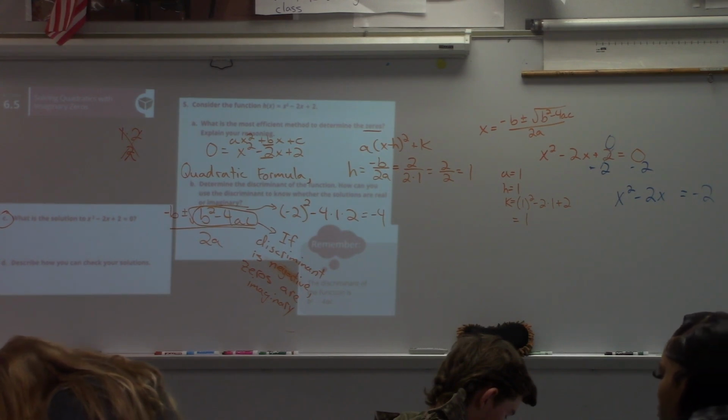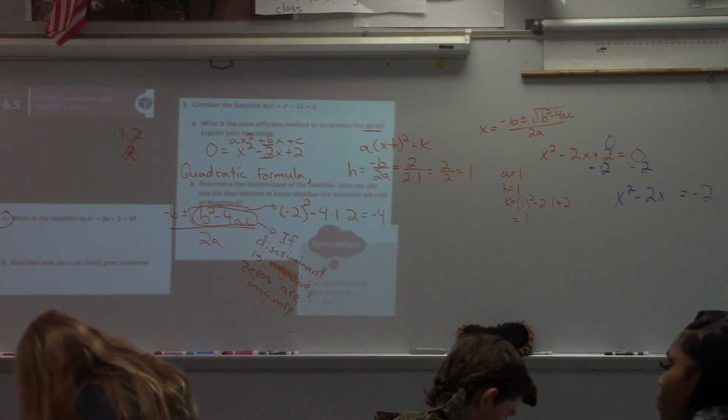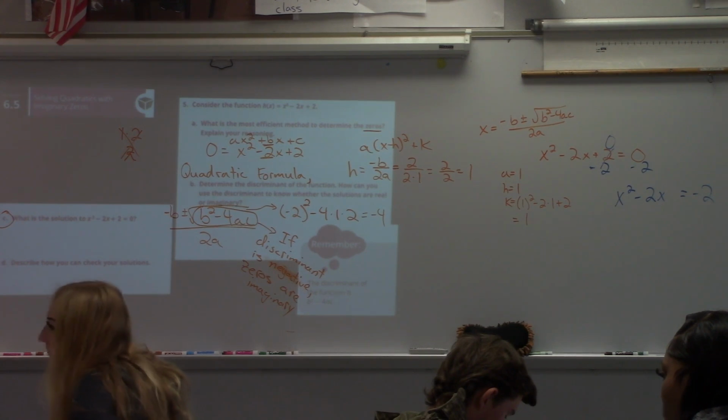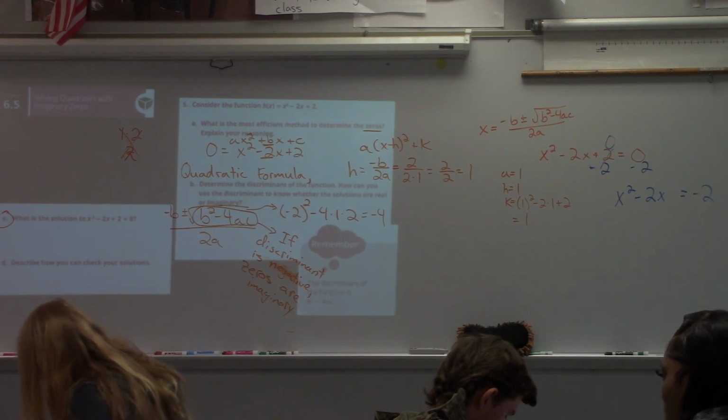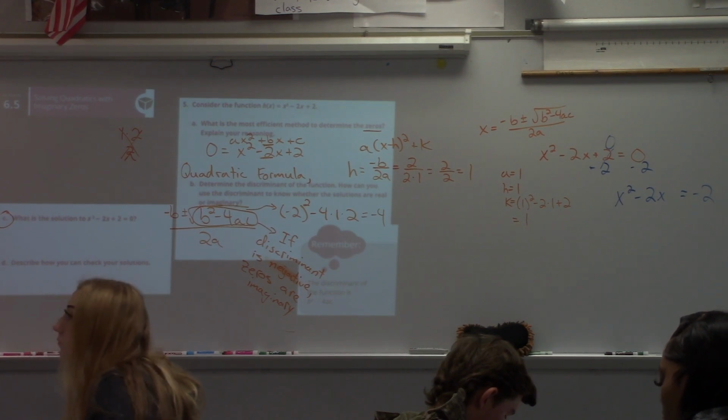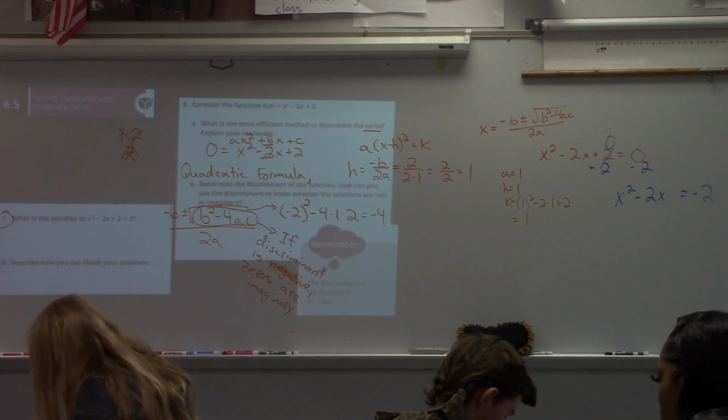Negative 1 times 4, right? I might have said that slightly incorrectly, and if I did, I apologize. That just gives me a square root of negative 1 times square root of 4. Square root of 4 is 2. Square root of negative 1 is? My bad. i. So we get 2i.